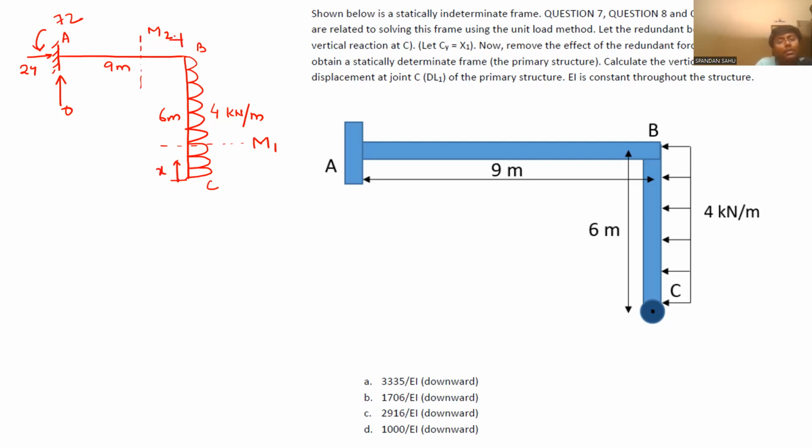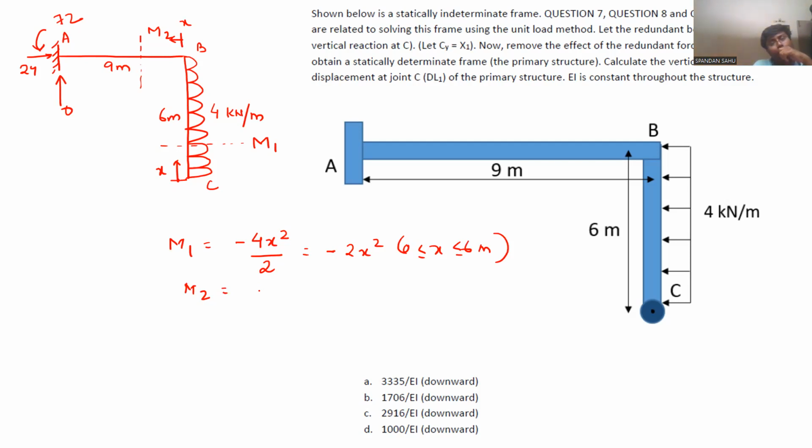What will be the M1 value? 24 into 4x square upon something. What will be the M2 value?